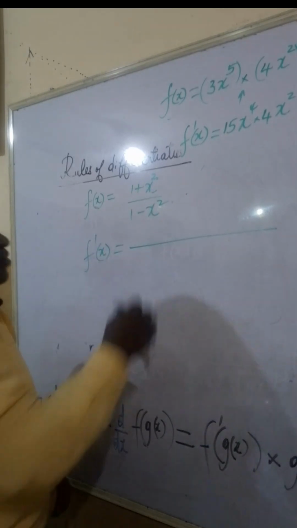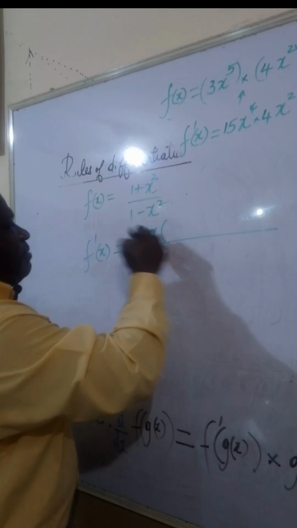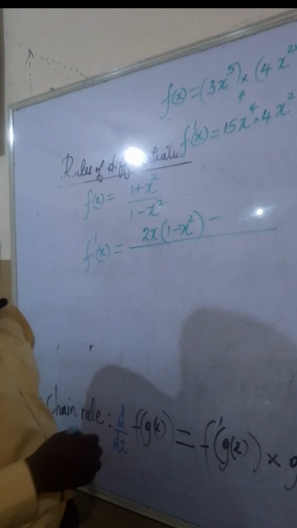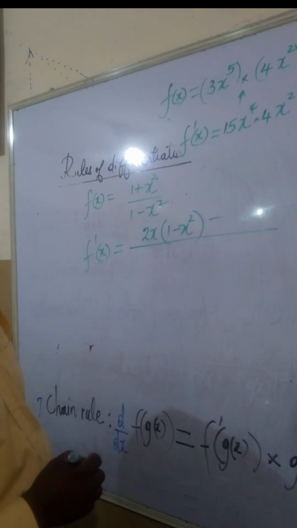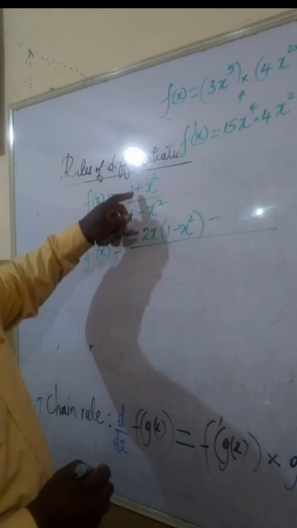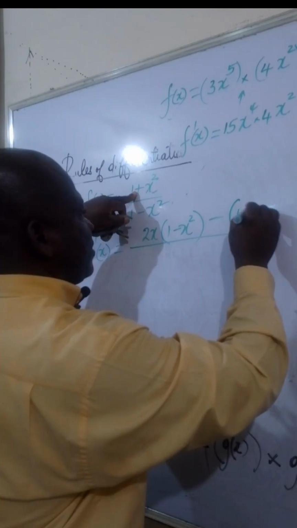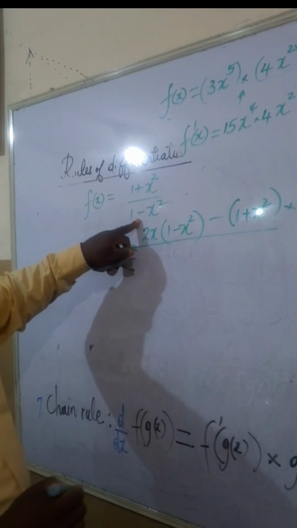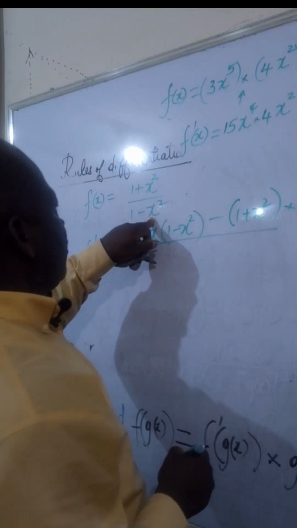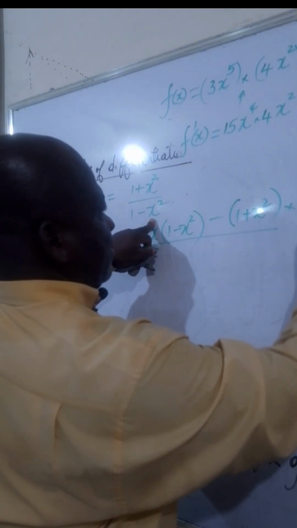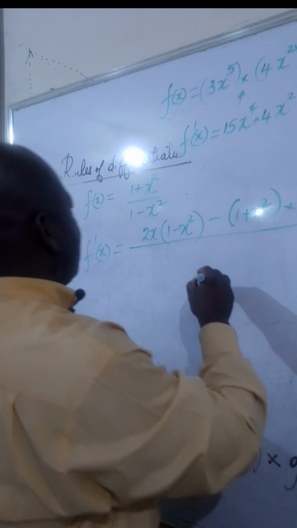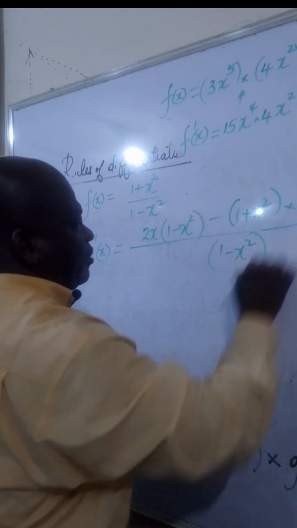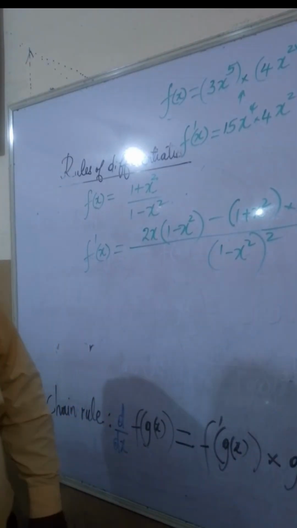The derivative of x squared is 2x times the denominator 1 minus x squared, minus, there's the minus in our quotient rule, the numerator 1 plus x squared times the differentiation of the denominator. The derivative of 1 is 0, the derivative of minus x squared is minus 2x, all over the denominator squared, 1 minus x squared, everything to power 2.